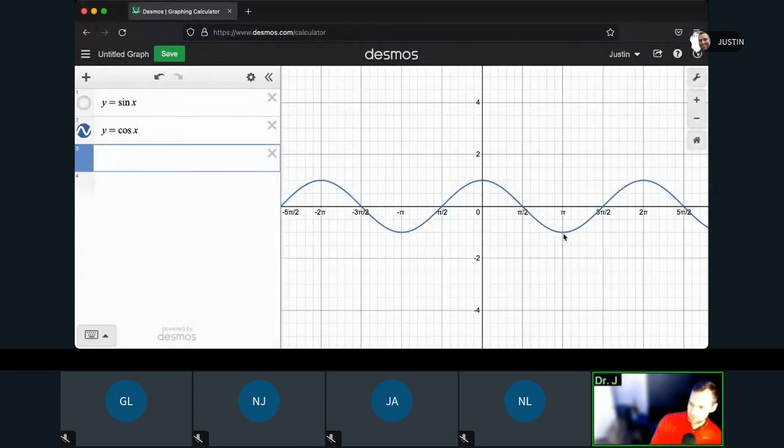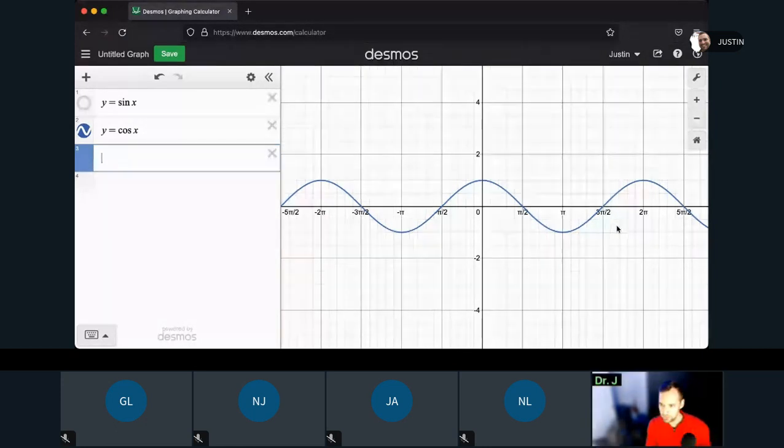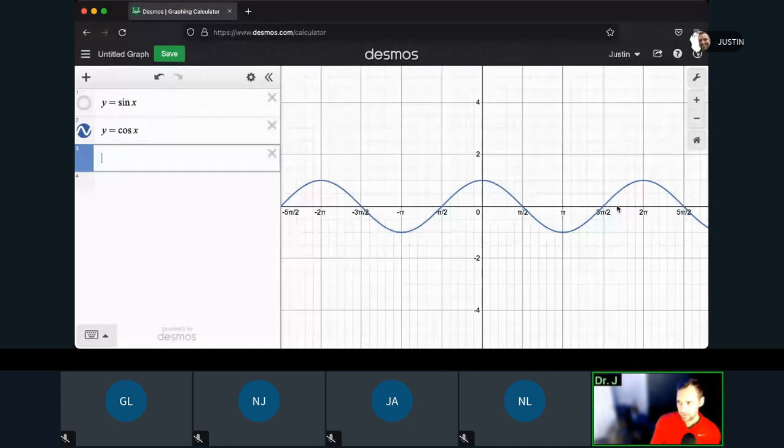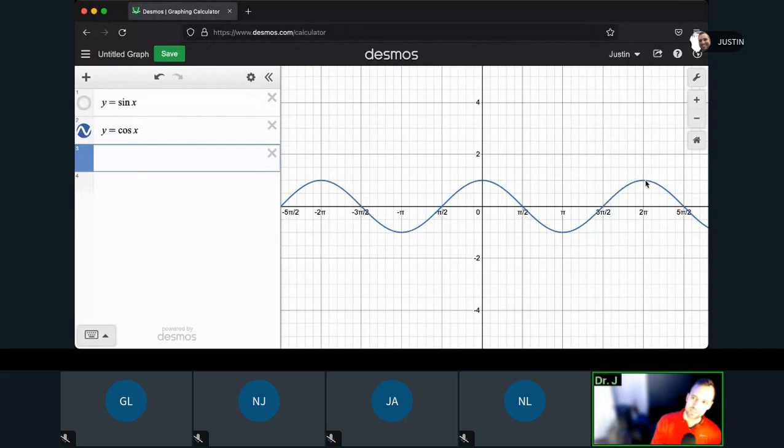Continuing to 270 degrees, which is 3 pi over 2, the x value is 0 and the y value is -1. Then we finish our rotation and get back to where we started at 2 pi, and the x value is 1.